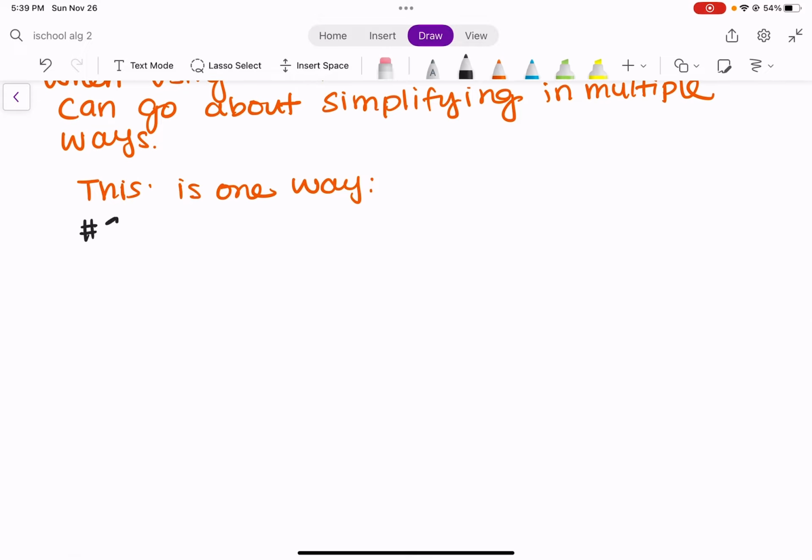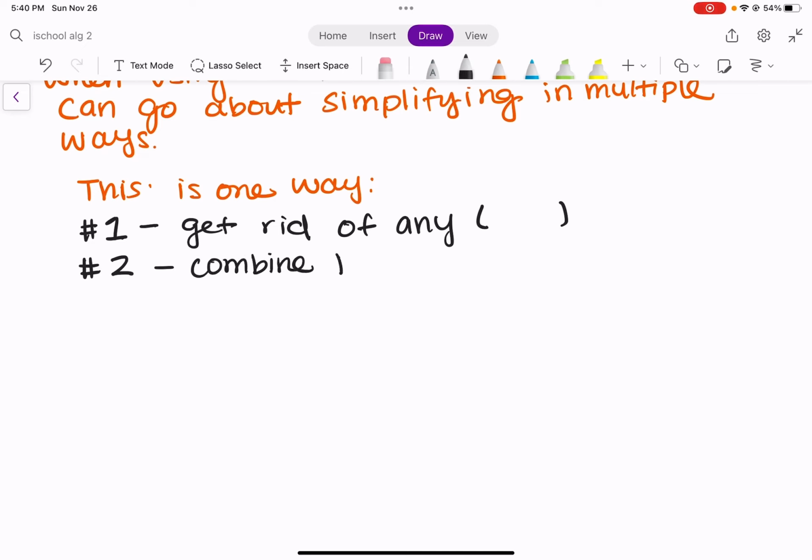Step number 1 is get rid of any parentheses, okay? Step 2 is combine by adding or subtracting.